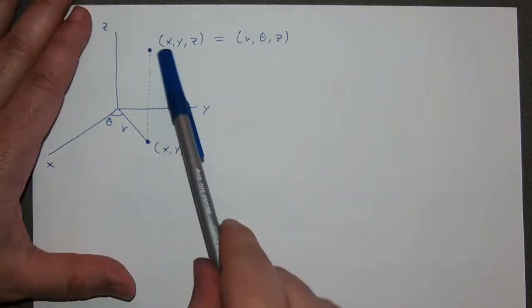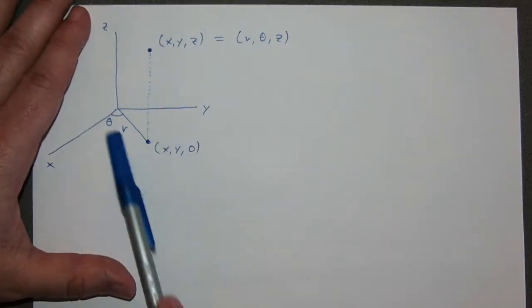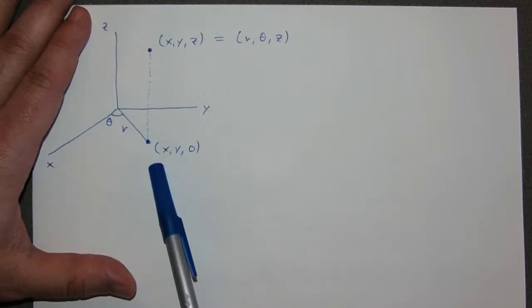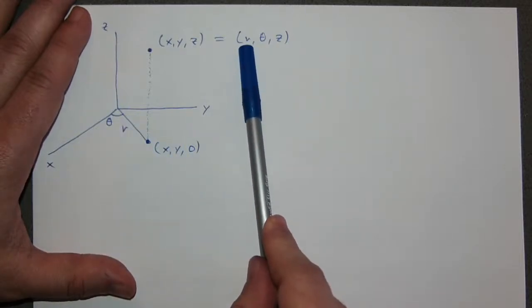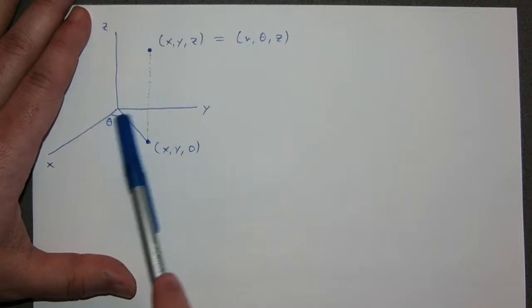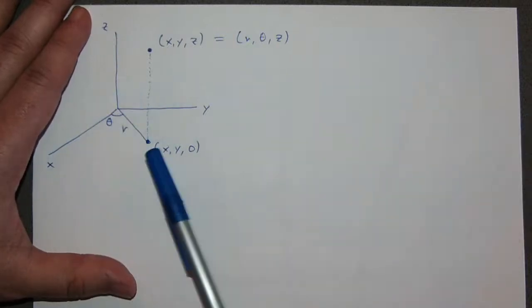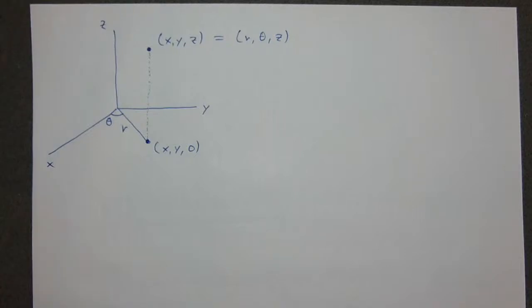All you do is look at where you are in the xy plane. That is some distance to the origin. That's r, your first coordinate. This angle measured from the positive x-axis, just like in polar coordinates, is your theta. And so this is r, theta, z.